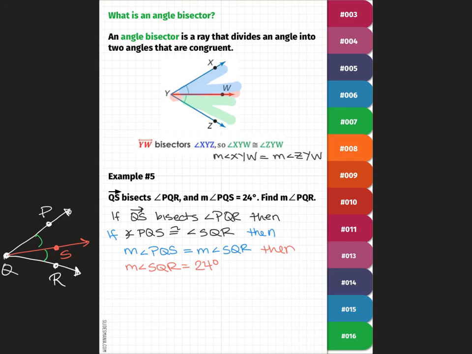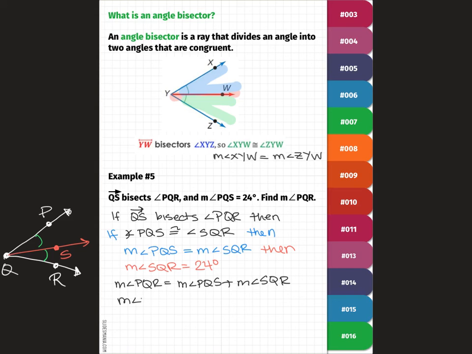So now that we know that SQR is 24 degrees, then we know the measure of angle PQR is equal to the measure of angle PQS plus the measure of angle SQR. So then I can fill in the things that I know.